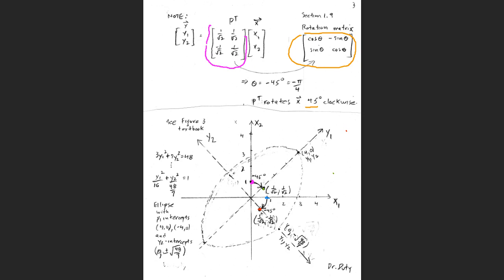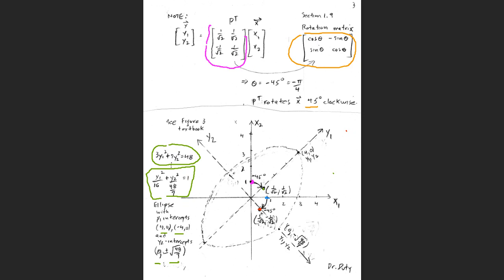And the ellipse 3y1 squared plus 7y2 squared equals 48, in standard form, is written this way. And so you can identify the y1 intercepts as 4, 0 and negative 4, 0, and the y2 intercepts as 0, plus or minus root 48 over 7.